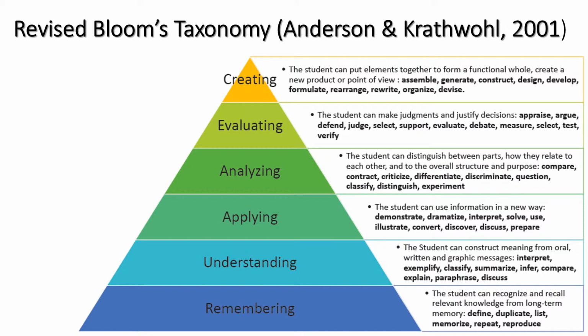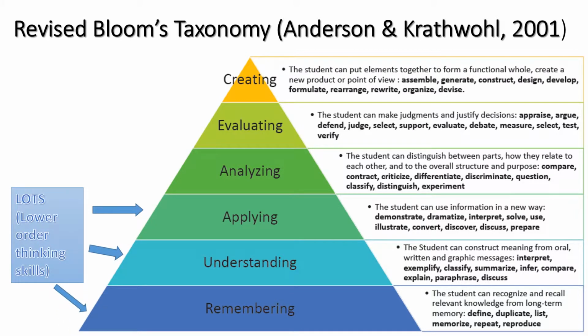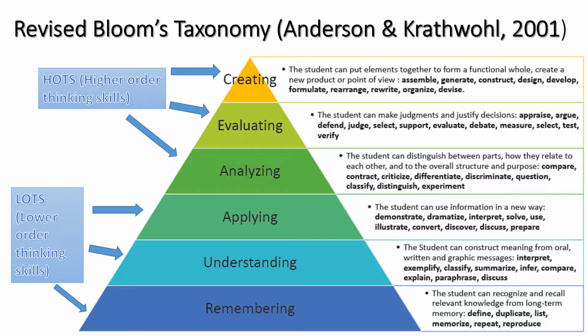Off to the right, you can see an explanation of each level of learning within this cognitive domain, plus, also in bold print, different types of tasks that a learner would do within that level. Cognitive skills can be broken up into lower order thinking skills, known as LOTs, and higher order thinking skills, known as HOTs.